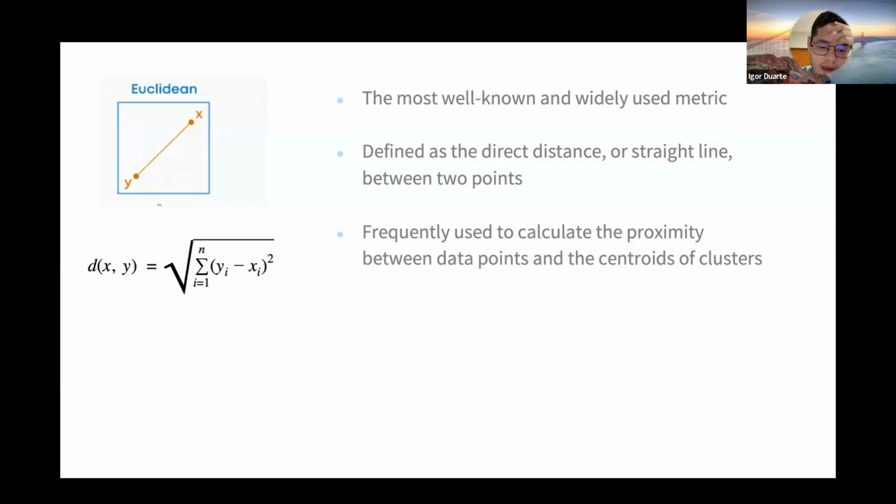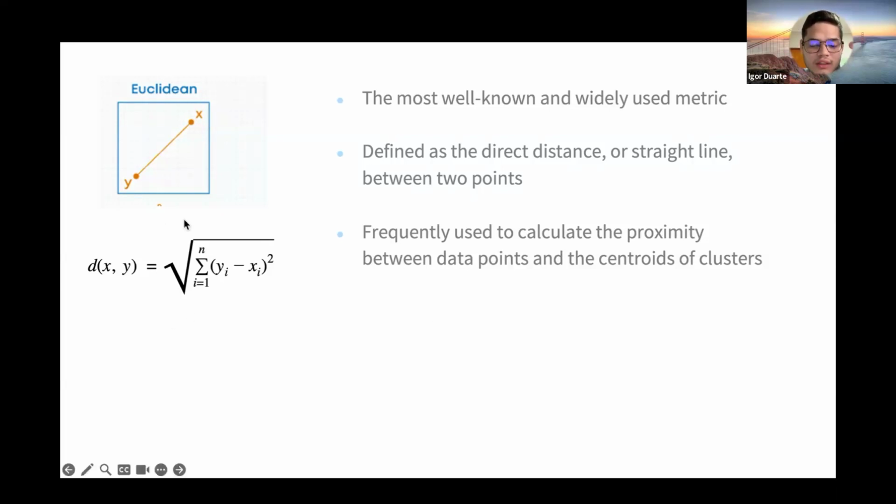It's the sum of the squares of the differences between the corresponding coordinates of the points, where x and y are feature vectors of the objects being compared, and n in the formula is the number of features.